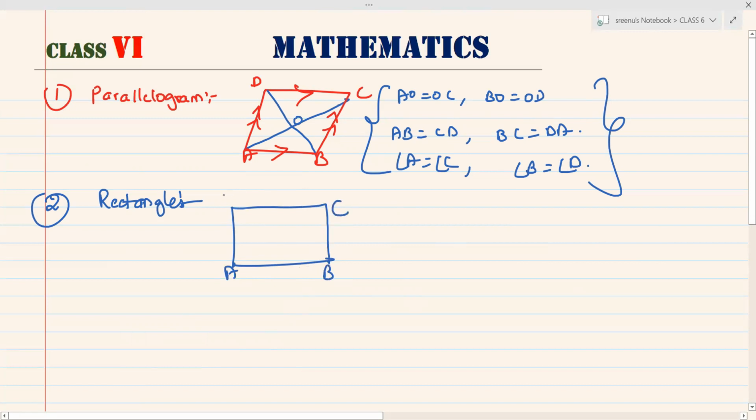The remaining properties are all the same. A rectangle satisfies all the properties of a parallelogram. The diagonals of a rectangle are equal and bisect each other, but in a parallelogram they are not equal.